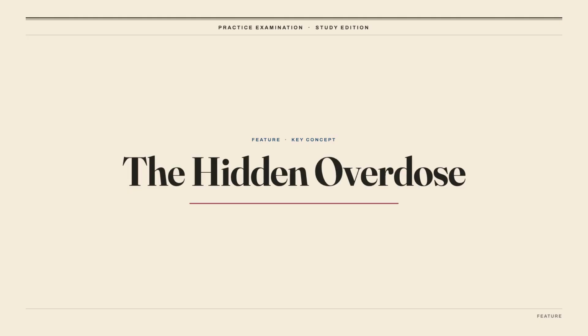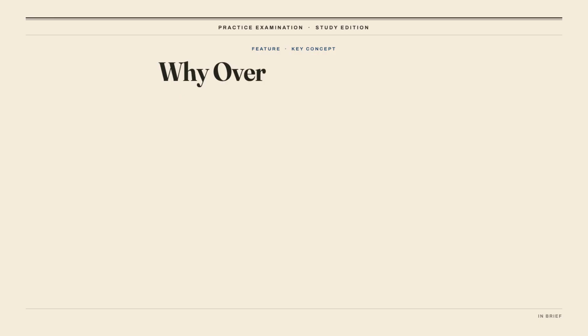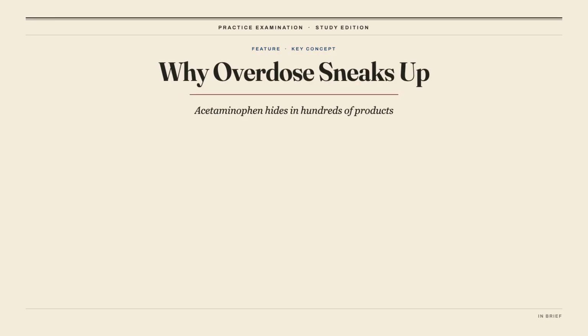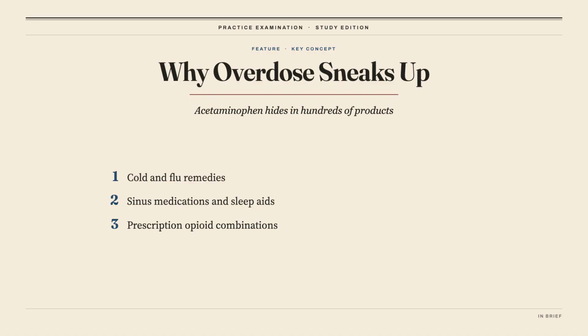4 grams in 24 hours. That's the maximum daily dose of acetaminophen for a healthy adult. And it's easier to cross than most people think. The danger is that acetaminophen hides everywhere, often abbreviated APAP, tucked into cold remedies, sinus medications, sleep aids, and opioid combinations.